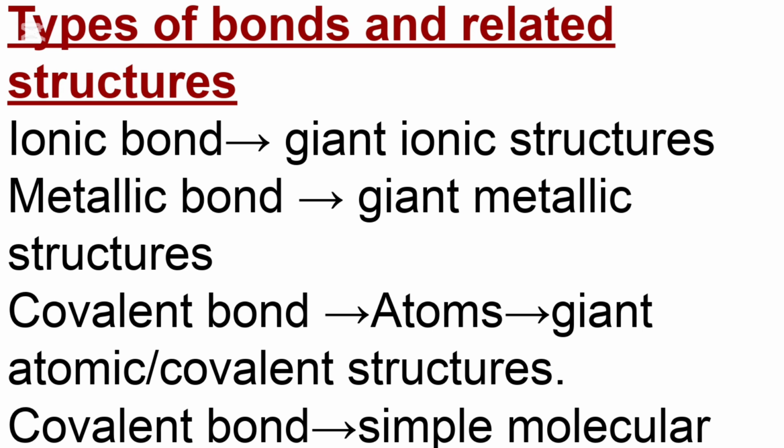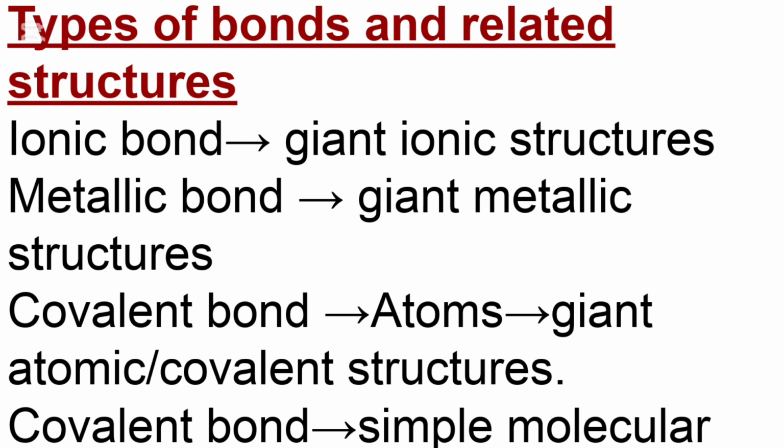We have different types of bonds. We have, for example, the ionic bond, which forms giant ionic structures. The name of structures formed from an ionic bond are giant ionic structures. We have the metallic bond, which forms structures called giant metallic structures.